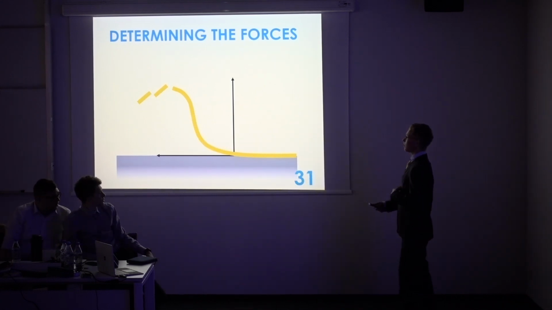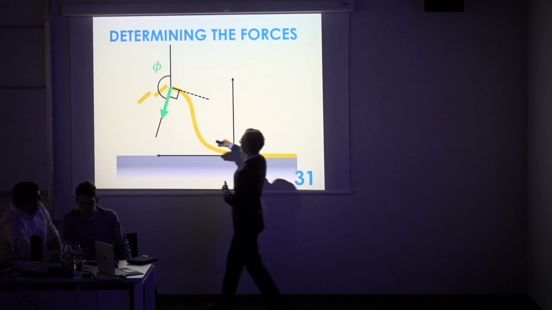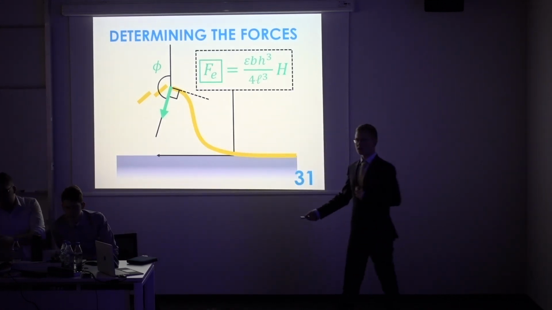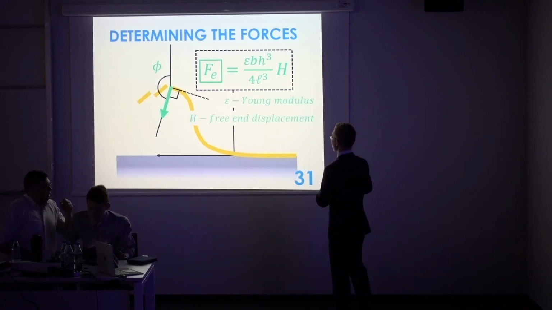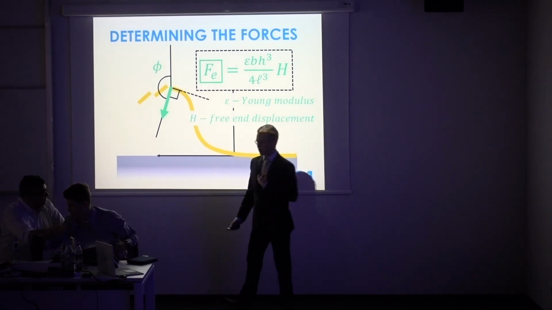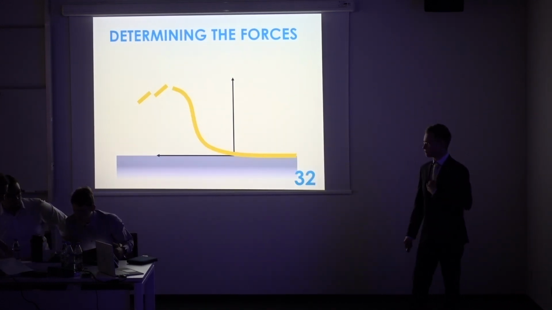And then there will be another force, which will be acting perpendicular on the end of the cobra, and that is the elastic force, which is dependent on the Young's modulus, the displacement of the free end, and the dimensions of the sticks.